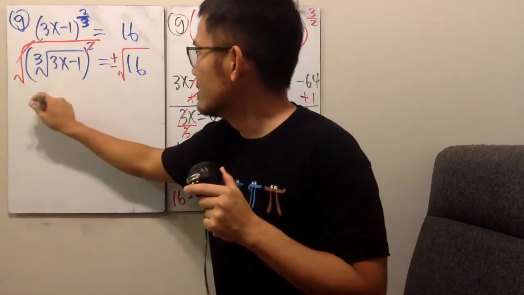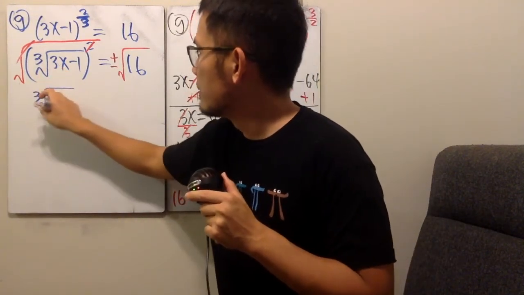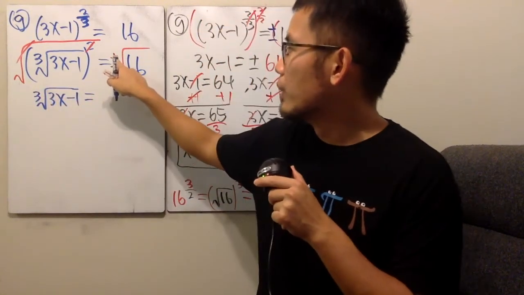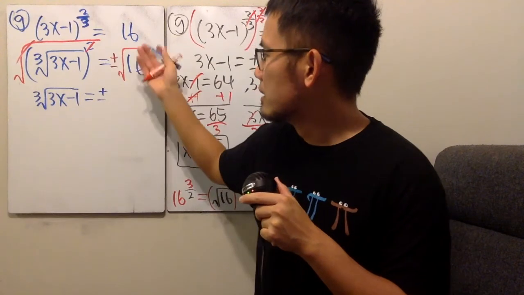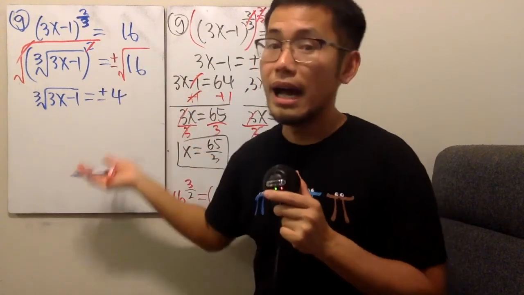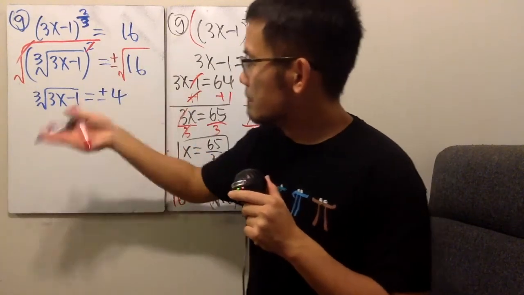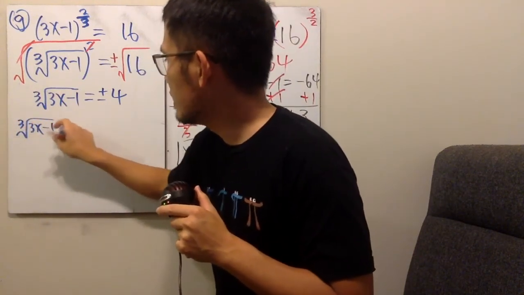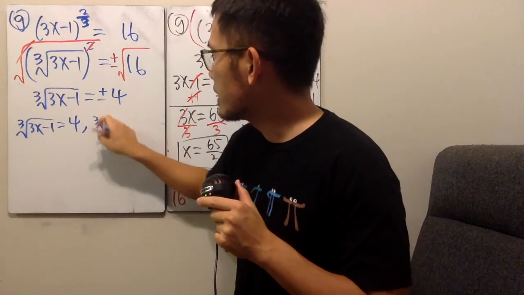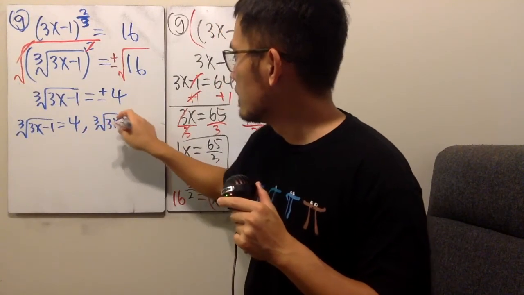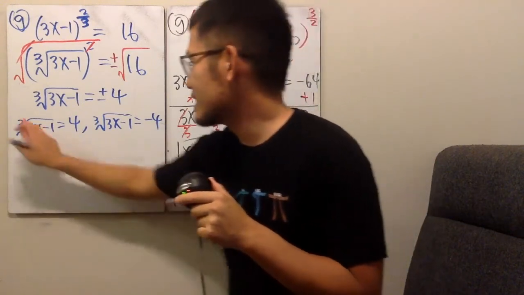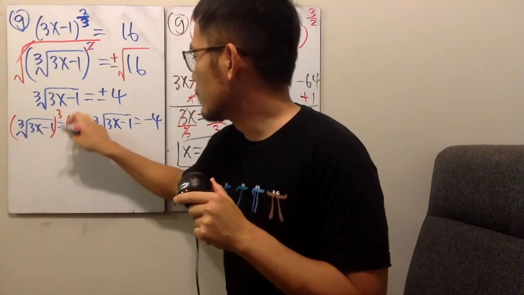Then the cube root of 3x minus 1 equals plus or minus the square root of 16, which is just 4. Split, so you get the cube root of 3x minus 1 equals positive 4, and the other one with negative 4. It's longer already, yes, I know, but I will still finish for you guys.